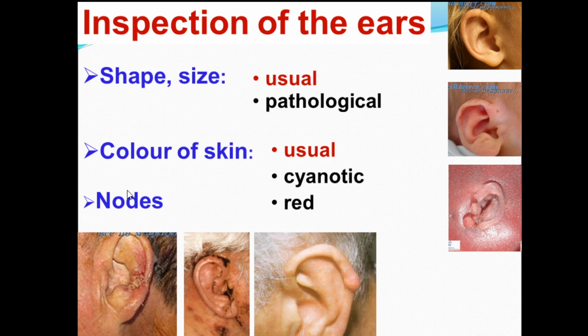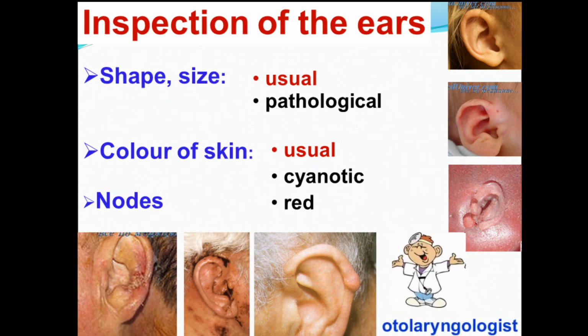We can reveal some pathological elements, for example, nodules, which are characteristic for some systemic diseases, but a full and adequate answer may be given only by a special otolaryngology physician, who superficially and deeply examines ears and nose.